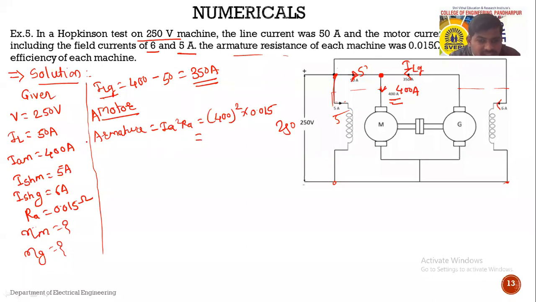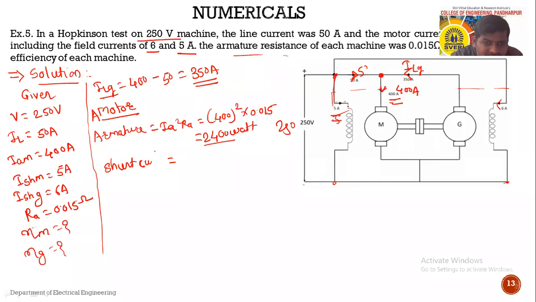Do the calculation fast. 400 चा स्क्वेअर इंटू 0.015, 2400, right? Yes, sir. Okay, now shunt field winding copper loss of the motor.